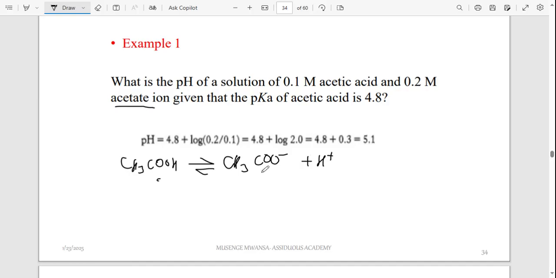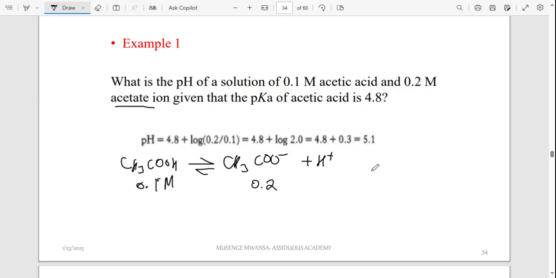You're going to see that this is the base. We've been told the concentration of this base, acetate ion, is 0.2 molar, and acetic acid is 0.1 molar.